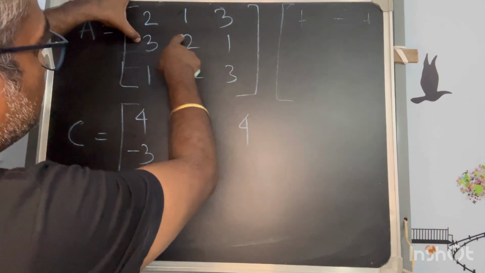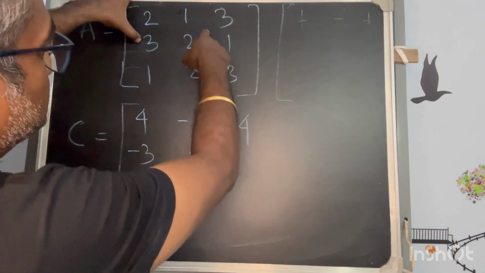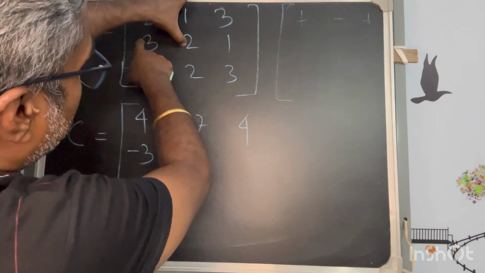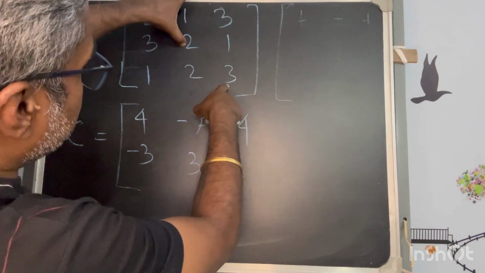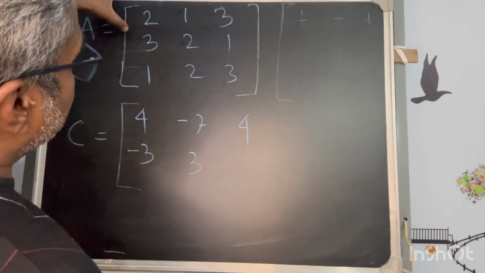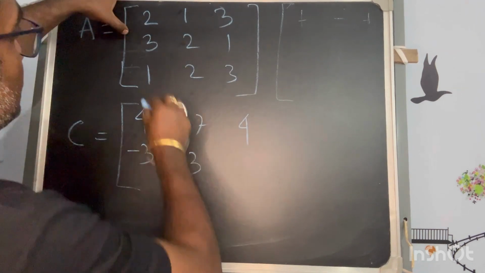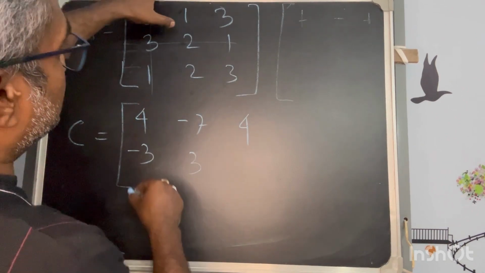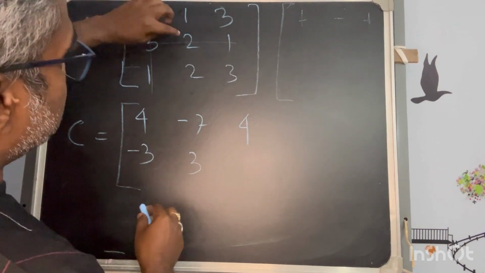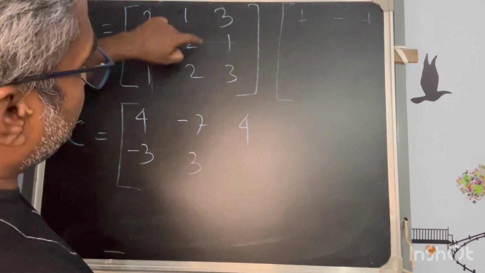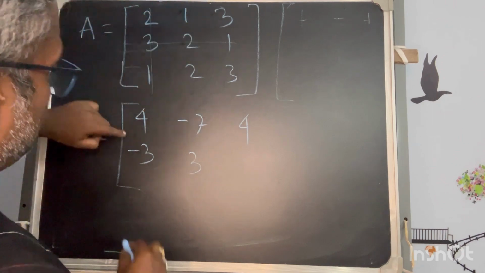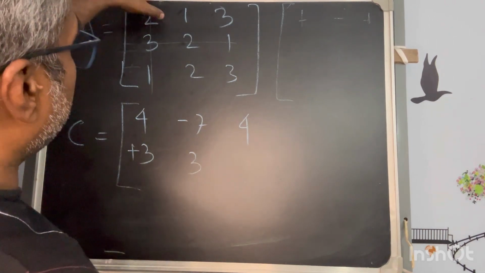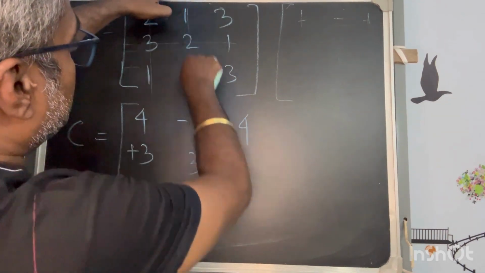For 3, this is 2 into 3, this into this. For 3, what am I doing? This one 3 into this reverse, 3 minus 6, so minus 3. This will be plus. I made it wrong. So 2, this and this.